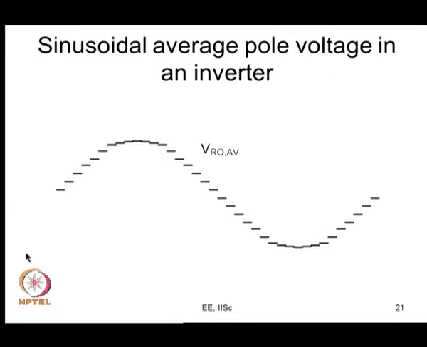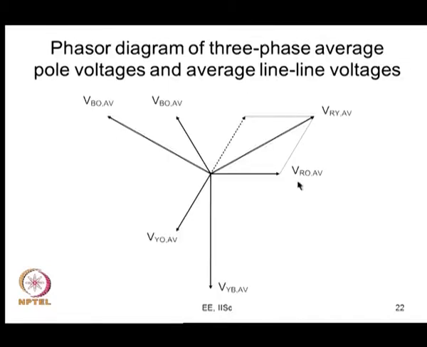In both the cases, whether 2 level or 3 level, you want the VRO average to vary like a sinusoid when you are doing sine triangle PWM. If you can vary VRO, VYO and VBO sinusoidally, then VRO minus VYO average would be VRY average, which will be sinusoidal.